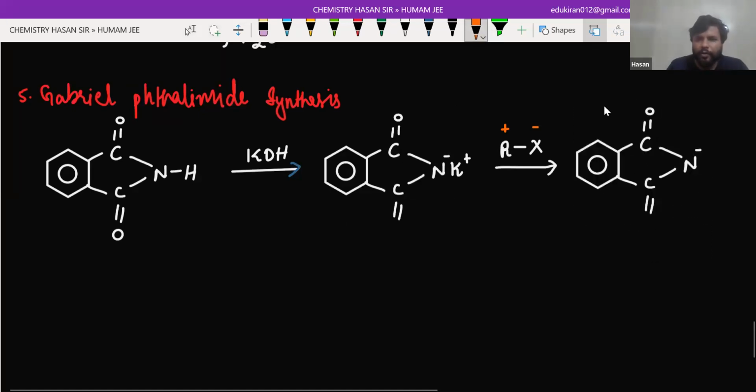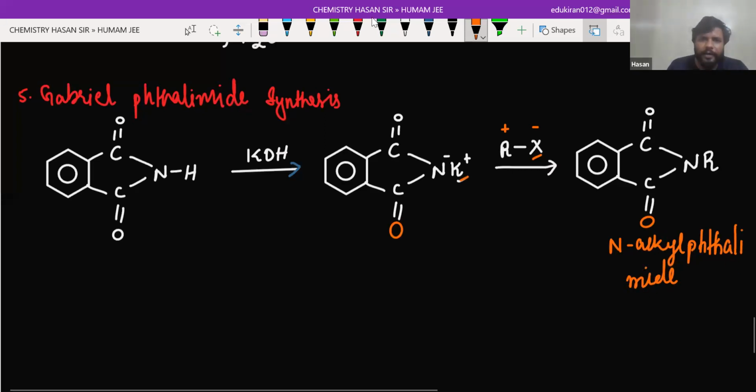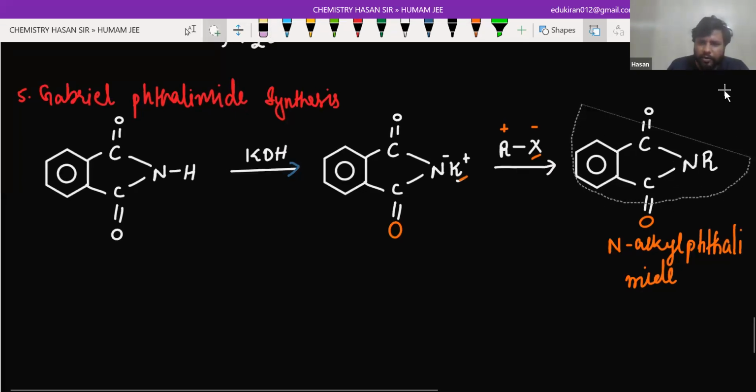So you know what is going to happen. Negative and positive attract, R will go with N, and K and X combine to form the salt KX. There is O and there is O as well. This is N-alkyl phthalimide.